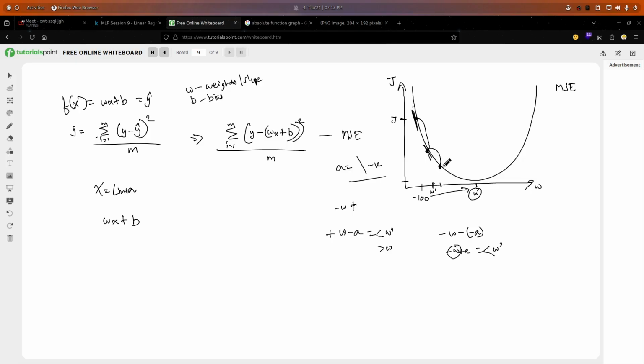Now we have a new w, and again we do the same thing. We find the slope, subtract it, and go to some new w value, again and again and again. We do this until there are some conditions, but the general case is until we have the slope 0.